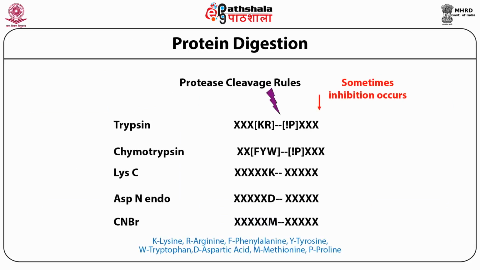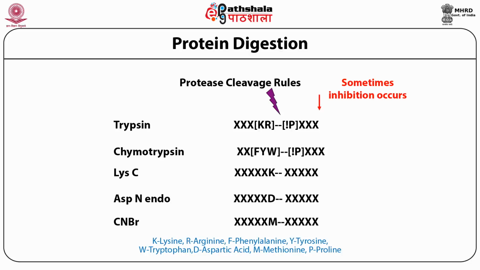This slide shows that proteins can be digested with the help of proteases, which are specific for cleaving protein at specific sites. For example, trypsin can digest protein if it finds lysine or arginine, cleaving at their C terminal.